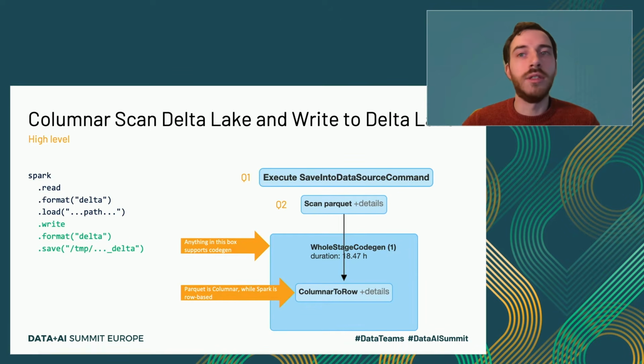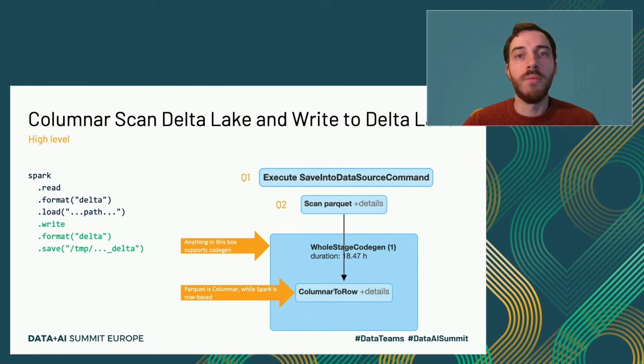Another box that you see here is the whole stage codegen on the right. You will see this box a lot in different queries. It essentially means that all the operators inside this box support whole stage code generation, which in essence means they operate on an optimized data format and also use Java bytecode generation to execute the operations they perform.